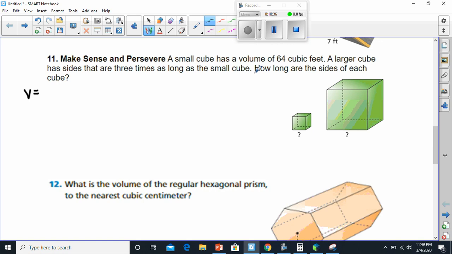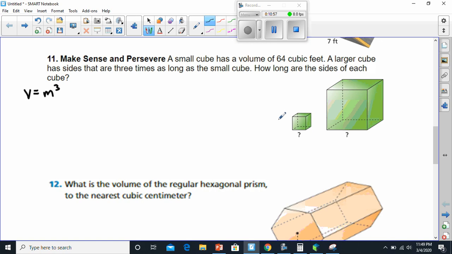Well, this is a cube, though, isn't it? So a cube really is whatever the measure is times 3. Because think about it, if this is 4, then this has to be 4, and this has to be 4. That means this volume would be 4 times 4 times 4.